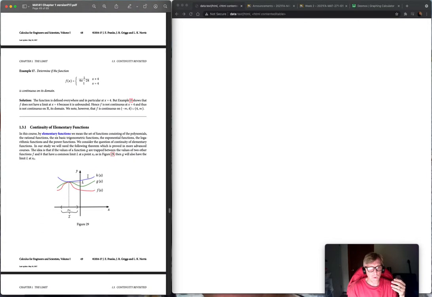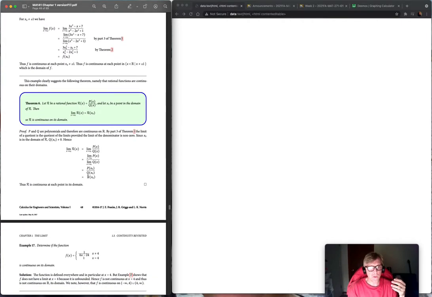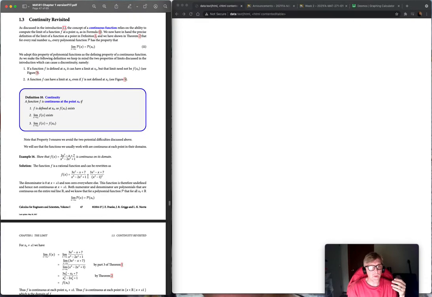All right, so what does it mean for a function to be continuous? Continuity revisited, right? So here's a couple of things to take away from this section 1.3. Definition 10 is very important. Very important. For a function to be continuous.